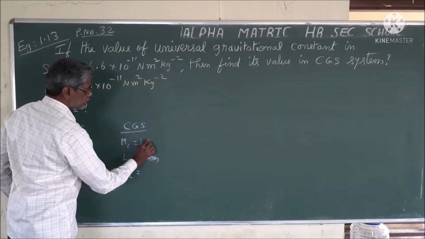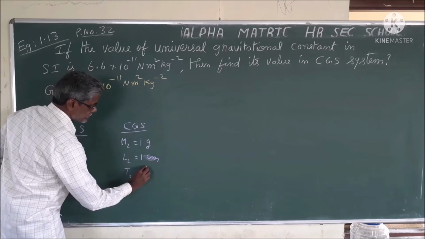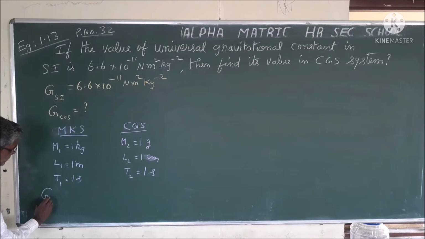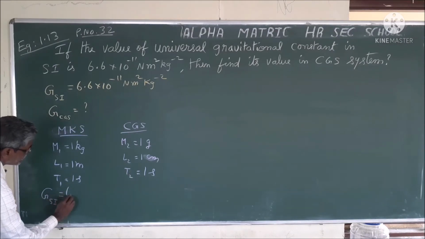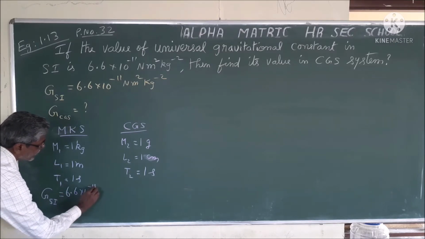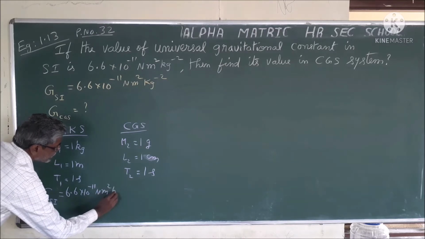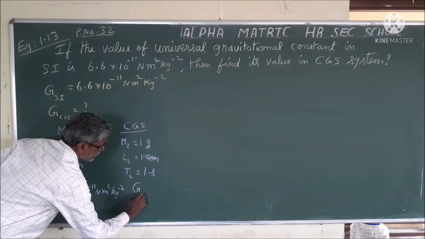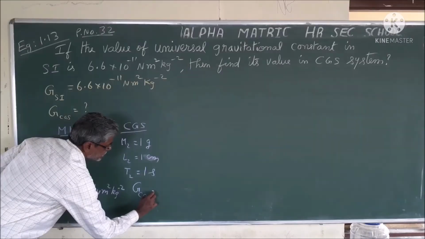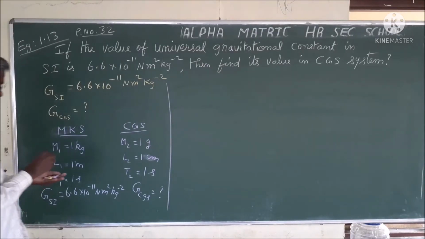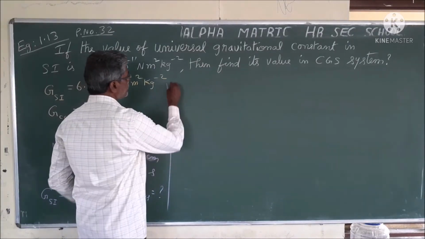G, gram, second, time. So here G in SI is what? 6.6 into 10 power minus 11 Newton meter square kilogram minus 2. Here we are asked to find out the gravitational constant in CGS. It's clear now.